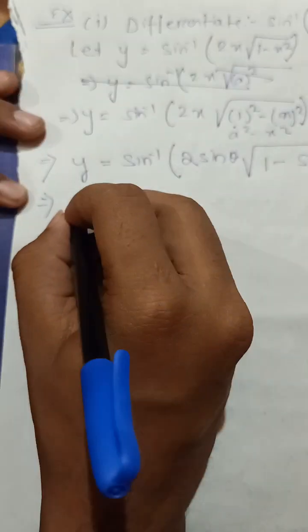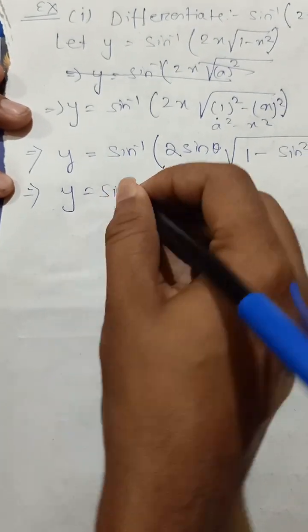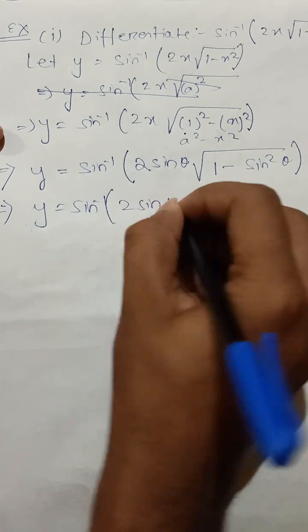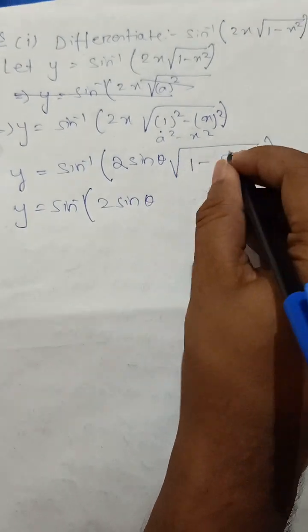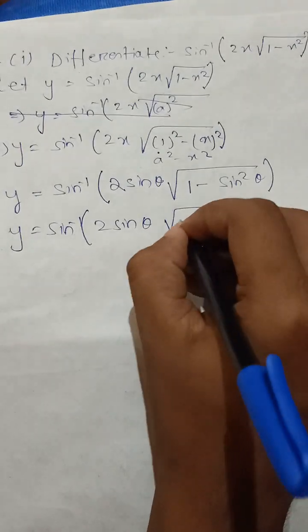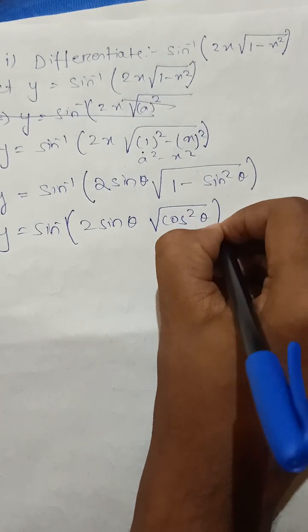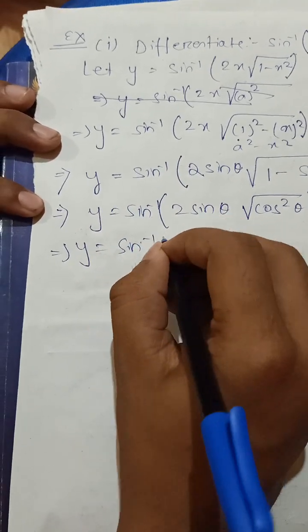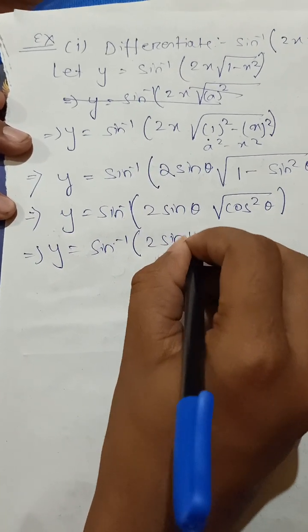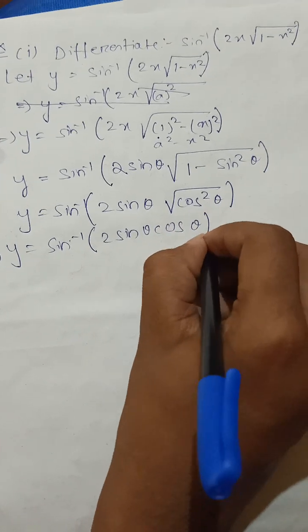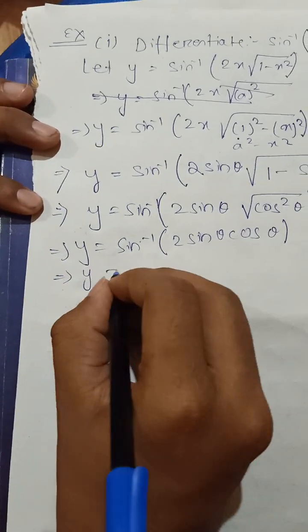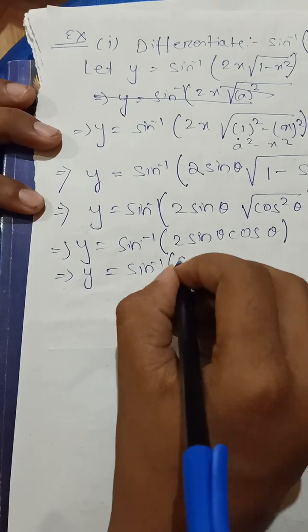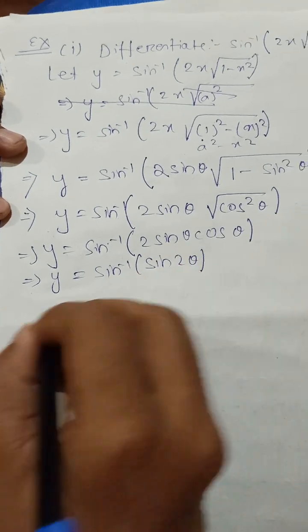Here a is any constant, so don't write an a in place of the values. Root over of 1 minus sin square theta is cos theta. So y equals sine inverse of 2 sin theta cos theta, which is y equals sine inverse of sin 2 theta.